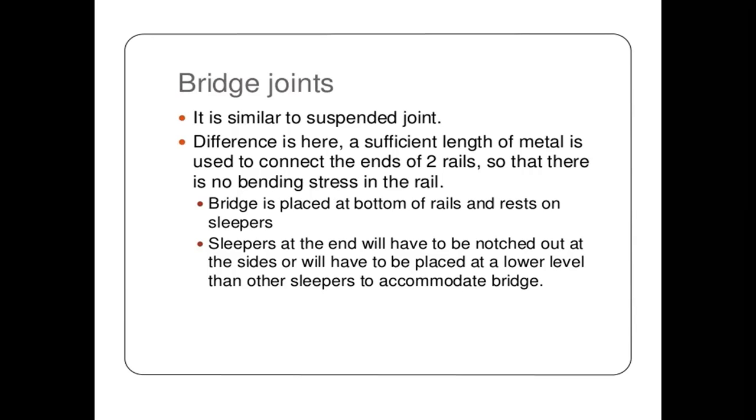The bridge joint is similar to the suspended joint, but these bridge joints are placed beneath the rails. So the sleepers which we provide below the bridge joints can be lowered when compared to the normal sleepers we place at the level surface.